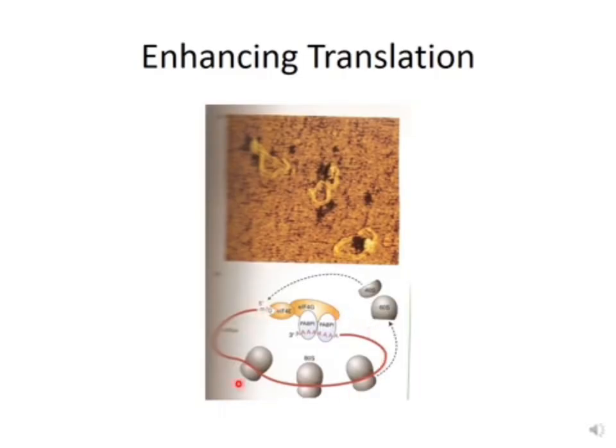This causes a circular stable structure. In addition to that, we can see that there is more than one ribosome bound to the same mRNA molecule, making multiple copies of the same protein from a single mRNA molecule.